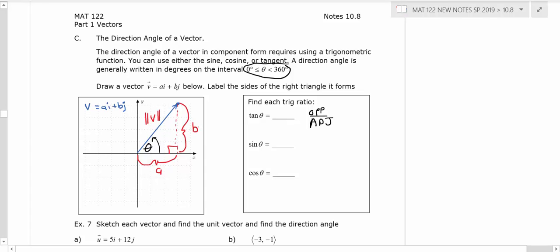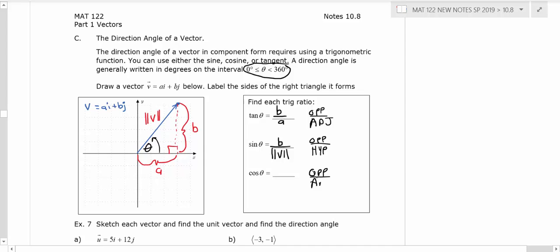That would be opposite B over adjacent A. So that's B over A. And the sine is opposite over hypotenuse. So that one would be the side opposite B divided by the hypotenuse, which is the magnitude of v.